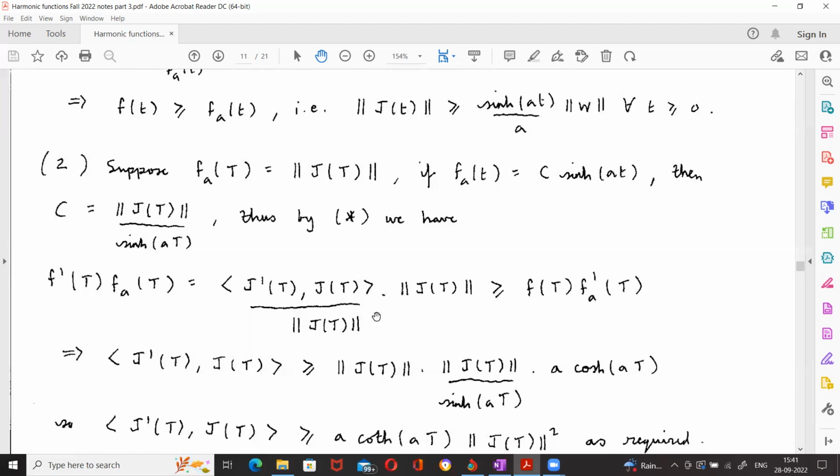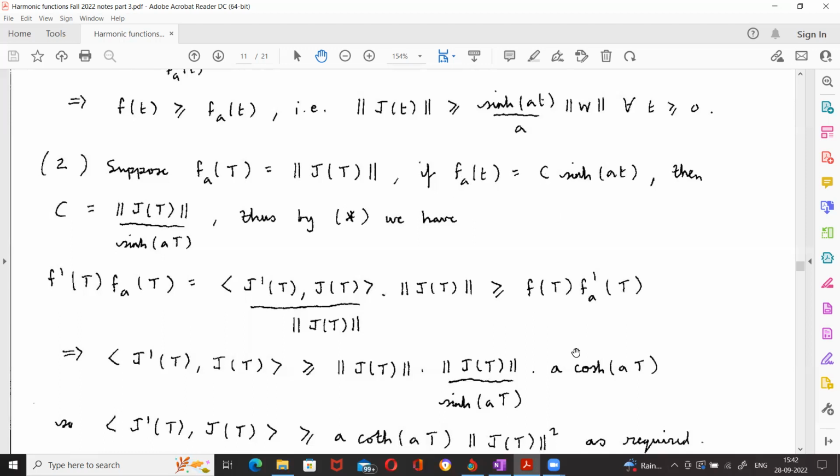So this norm J and the norm J cancel. So this gives me inner product J dash J at capital T is greater than or equal to F of T, that's norm JT into FA dash T. So FA dash T is going to be this norm JT divided by sinh at into A coth at, right?